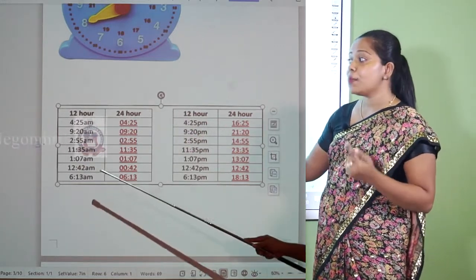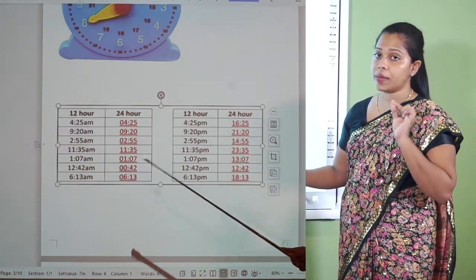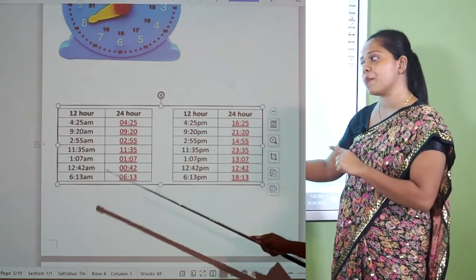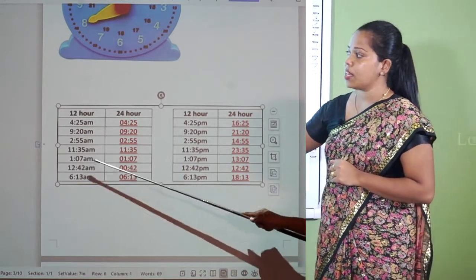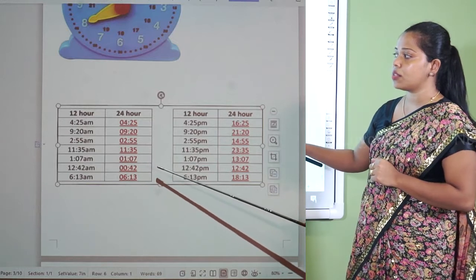But 12 midnight we write using the 4 zeros, 00:00. So here they have given 12:42 AM. Then 12 means 00, and the minutes 42 we write in the same way, so 00:42.